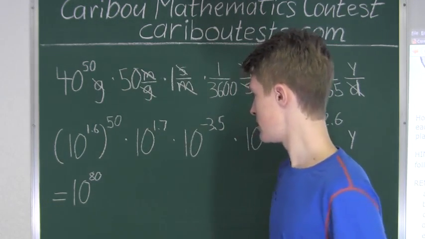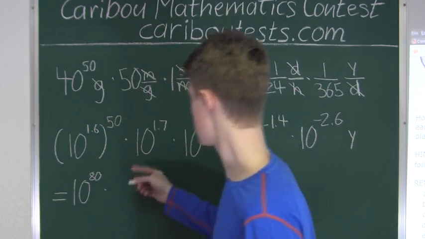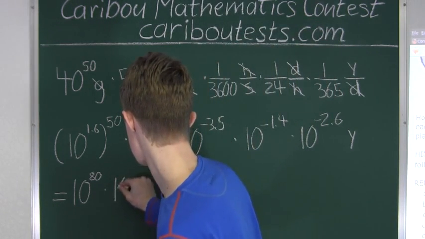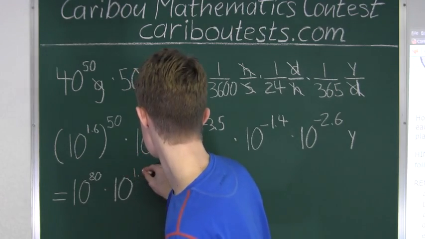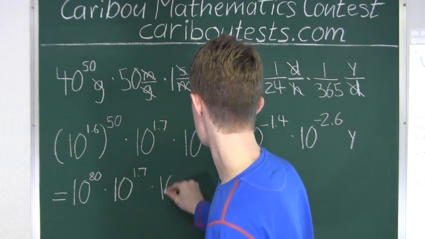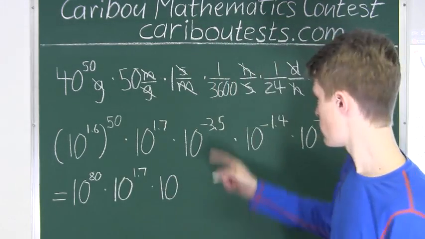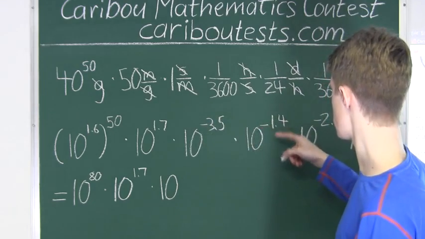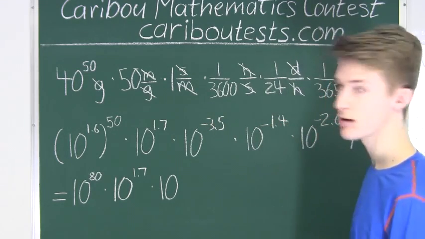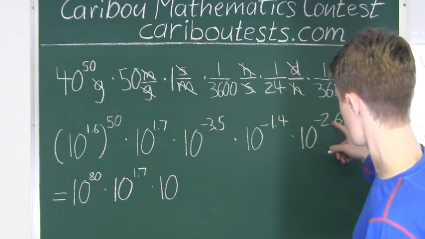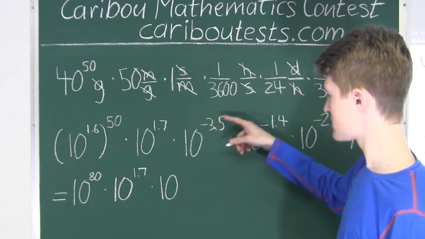And now we have times 10 to the power of 1.7. Then, using another power rule, we do negative 3.5 minus 1.4 minus 2.6. Minus 1.4 minus 2.6 is negative 4, so we get negative 7.5.